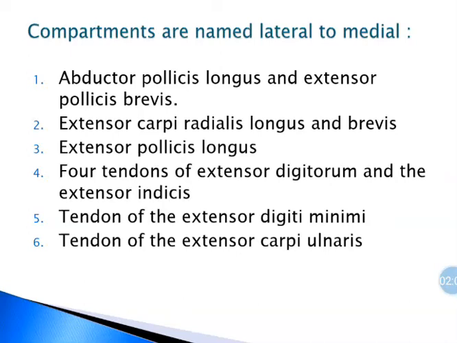The third compartment consists of extensor pollicis longus. The fourth compartment consists of 4 tendons of extensor digitorum and extensor indicis. The fifth compartment consists of tendon of extensor digiti minimi, and sixth compartment consists of extensor carpi ulnaris.